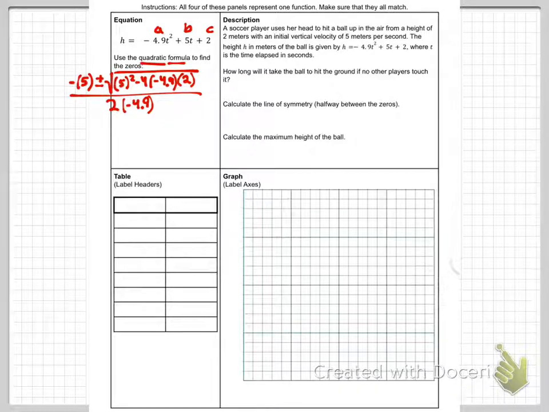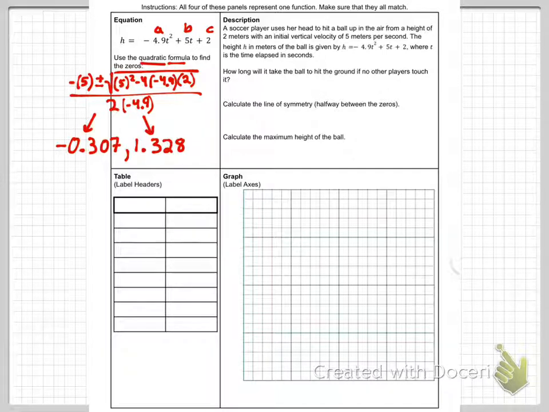And when you put in the plus or minus, for the plus, I believe, you get negative 0.307, and for the minus, you get 1.328. Those are the two zeros that you can get out from the quadratic formula.